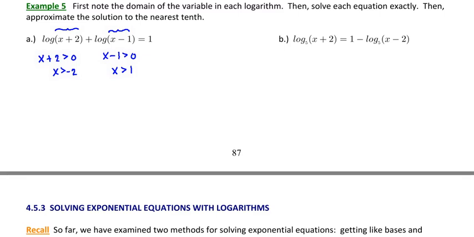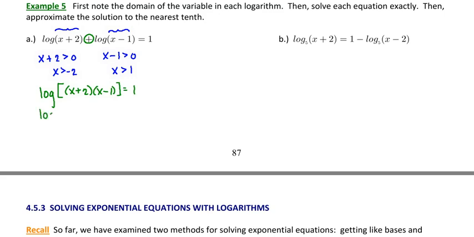With those restrictions in mind, let's go back and solve the original log equation. So the first step is to condense these into a single logarithm. Because we're adding the logarithms together, when we condense to a single logarithm, we're going to multiply the arguments. So we'll have log base 10 of x plus 2 times x minus 1 equal to 1.